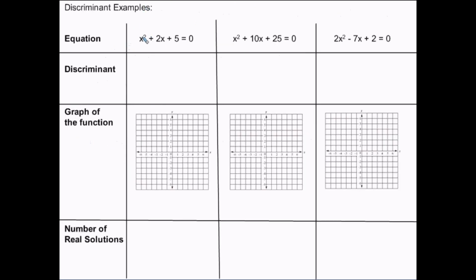Here we have our equation. Our discriminant, again, is b squared minus 4ac. So I'm going to have 2 squared minus 4 times 1 times 5, which will give me 4 minus 20, which will give me negative 16.